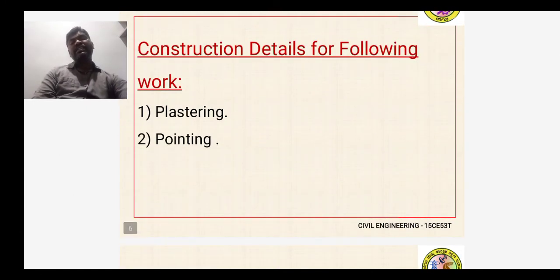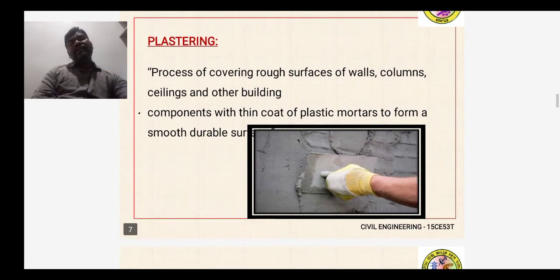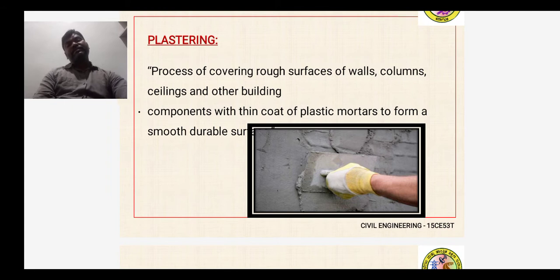Construction details for the following work: plastering and pointing. What is plastering? Plastering is a process of covering rough surfaces of walls, columns, ceilings and other building components with a thin coat of plastic mortar to form a smooth, durable surface.